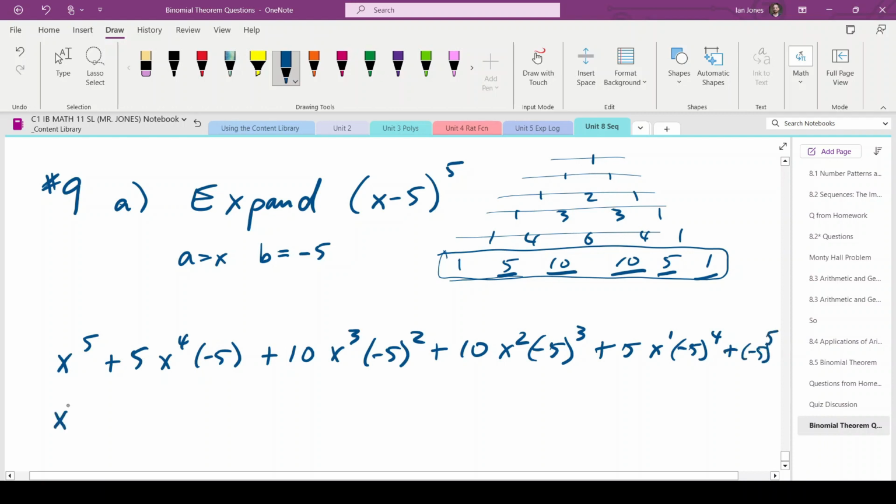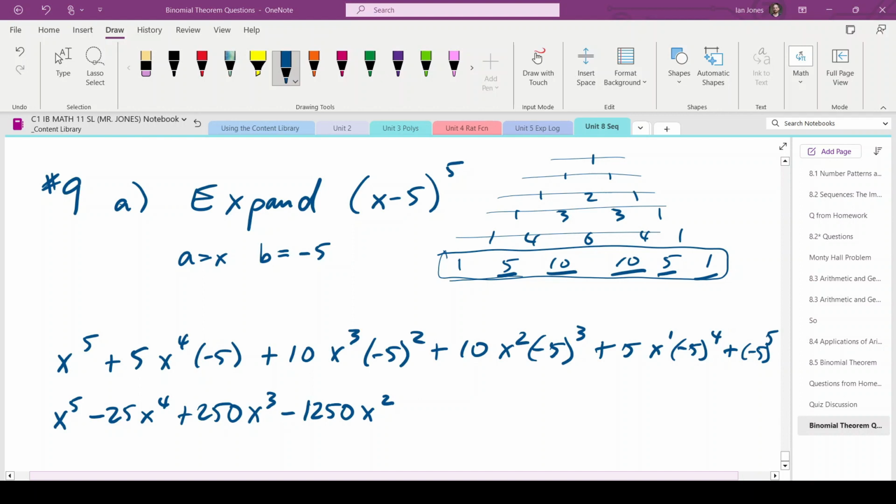Okay, and I can simplify this. This is x to the 5. This is minus 25, x to the 4. That'd be positive 25 times 10, plus 250, x cubed. Here we have negative 125 times 10, that's negative 1250x squared. Here we have positive 25 times 25, which eludes me for a second.